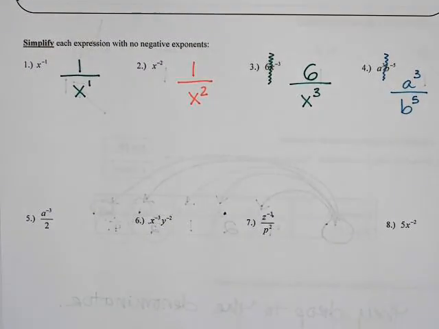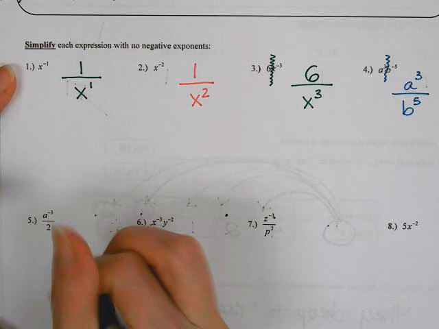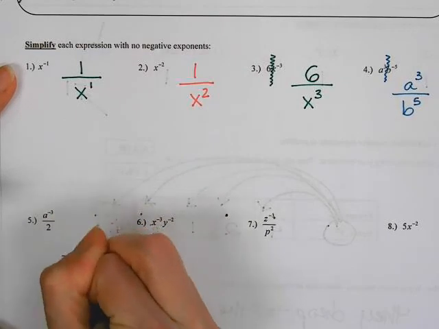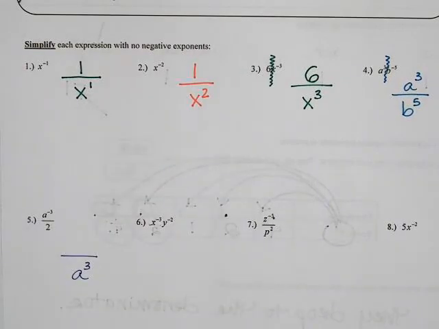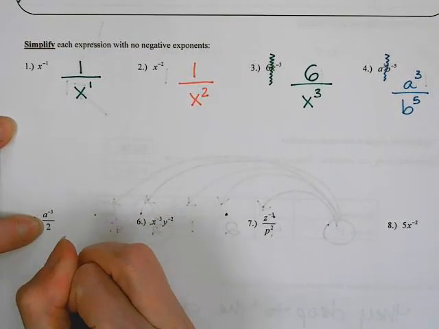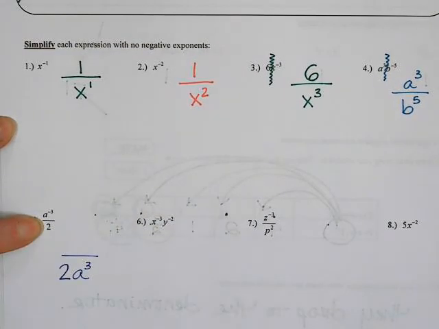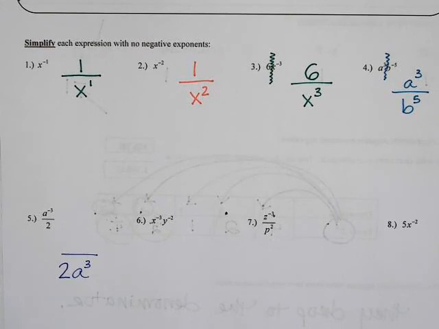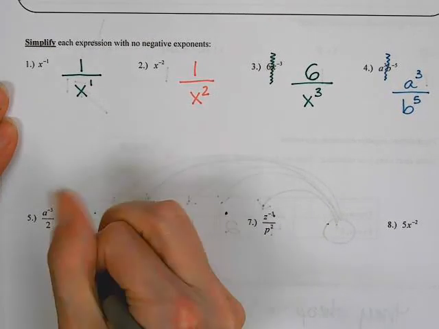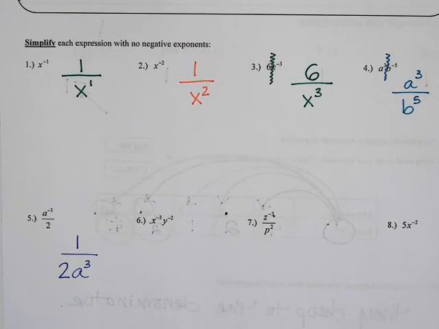All right, let's try a couple more. Number 5, if you have a base with a negative exponent, you need to drop it and it becomes positive. And then notice there's also a 2 down there, so we leave it there. And now since everything's in the bottom, we need a 1.